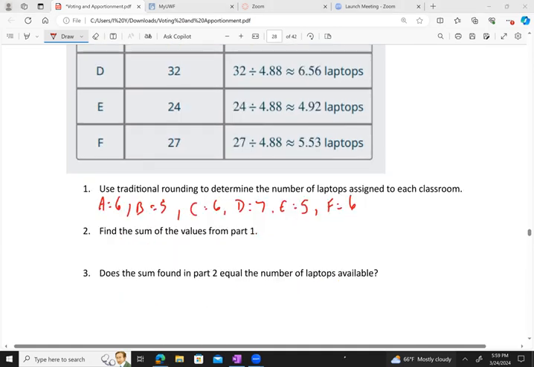Find the sum. We have 6 plus 5 plus 6 plus 7 plus 5 plus 6, which equals 35. And does the sum found in part 2 equal the sum of the laptops available? No, so this method is not going to work initially.